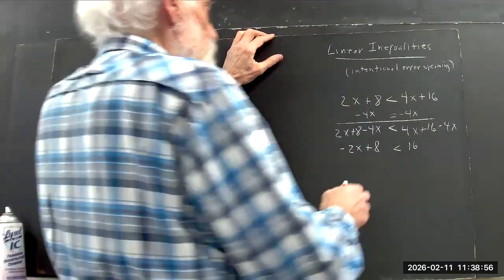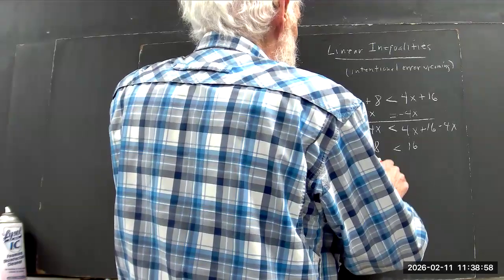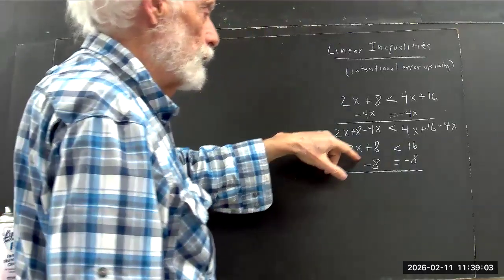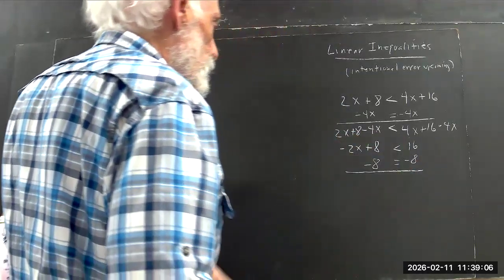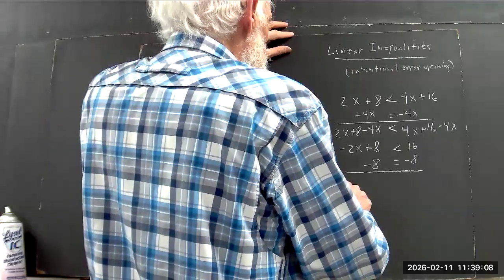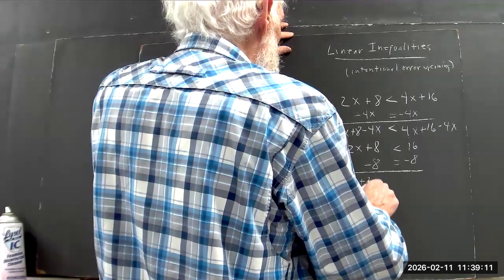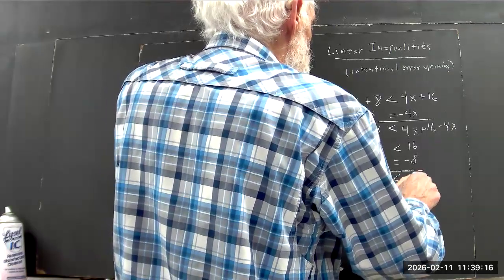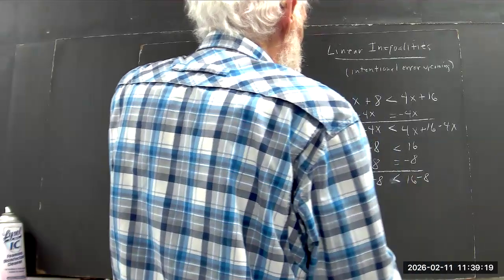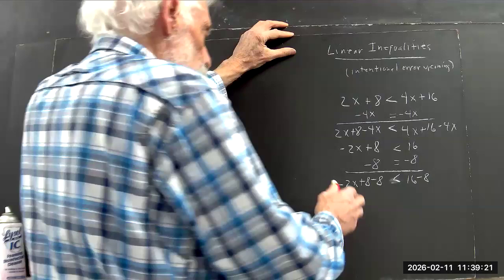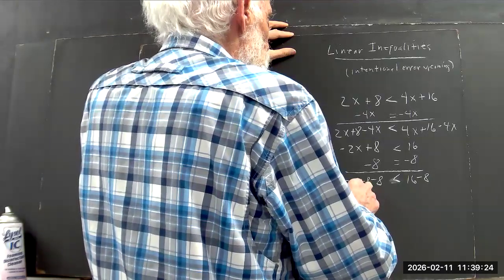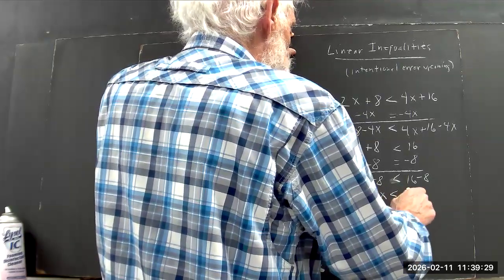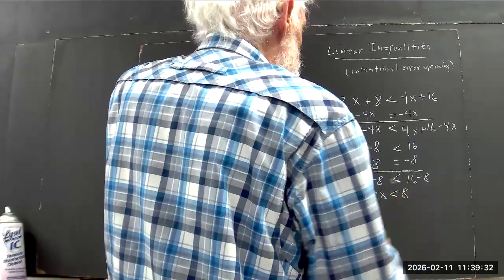Okay? Well, now let's subtract 8. In other words, add negative 8 to both sides. I write the equation negative 8 equals negative 8 and add the two equations to give me negative 2x plus 8 minus 8 less than 16 minus 8. And we can see clearly then that on the left, the 8 minus 8 gives us 0, leaves us with negative 2x. 16 minus 8 is 8.